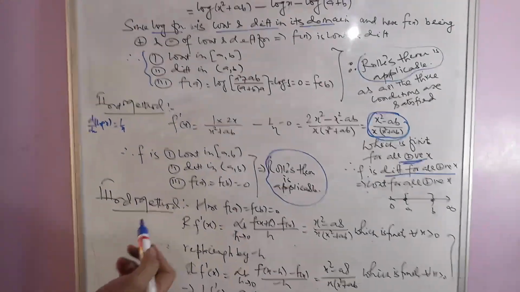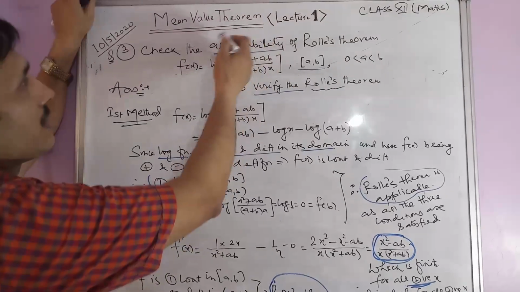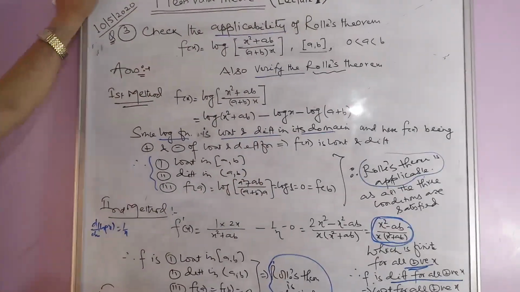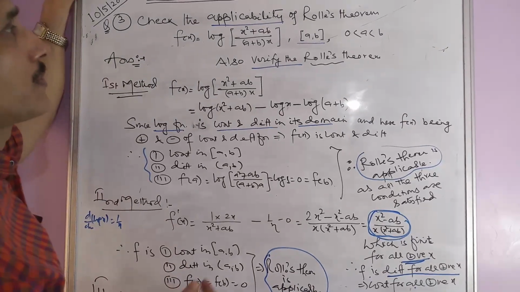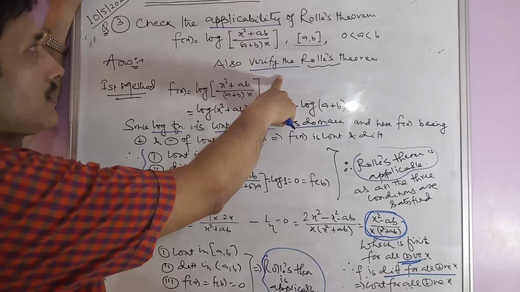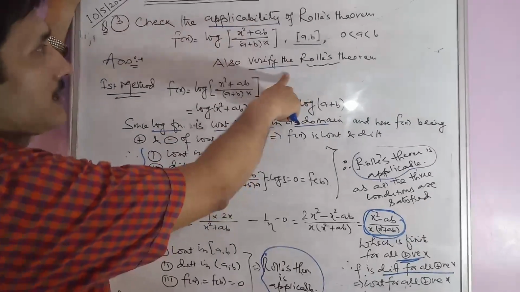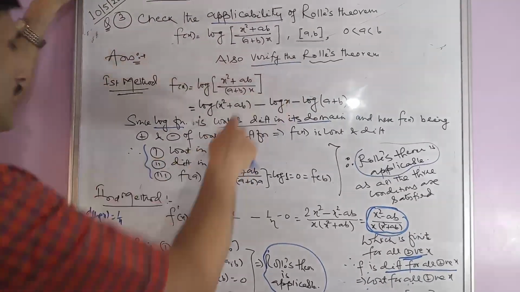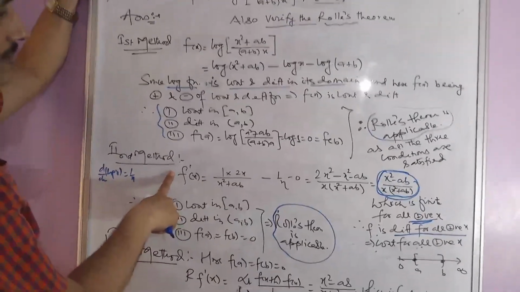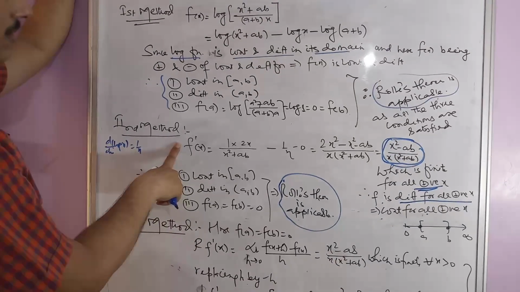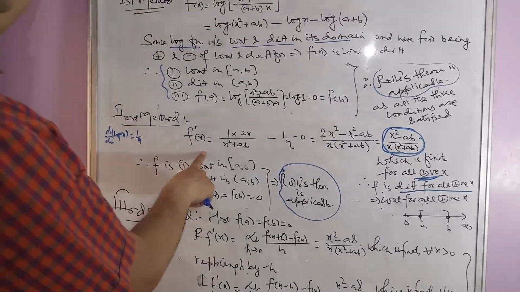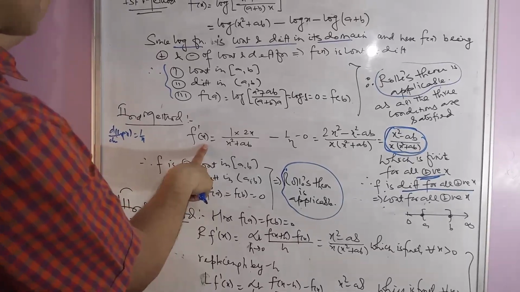If the question demands applicability and verification of Rolle's theorem, we know the conclusion of Rolle's theorem involves a derivative at a point. If both are required, this method should be preferred because ultimately we will have to find the derivative at some stage.